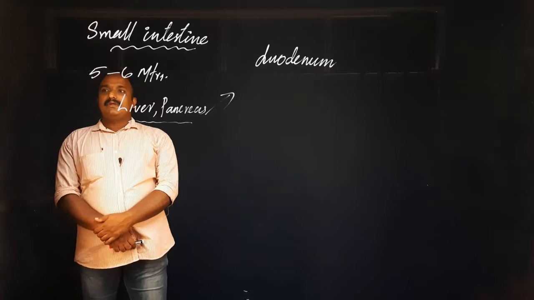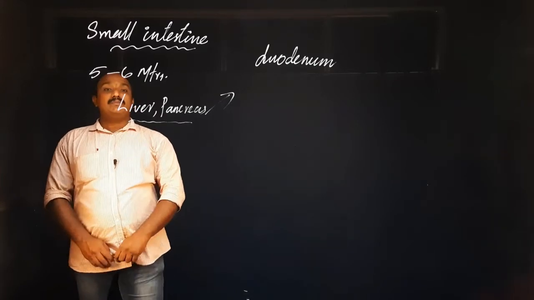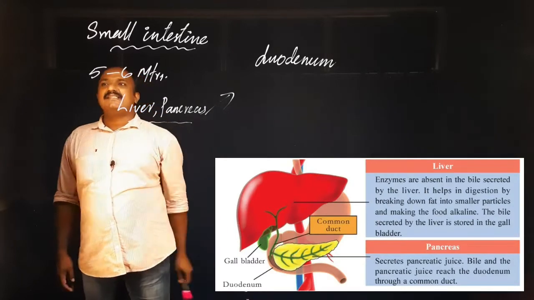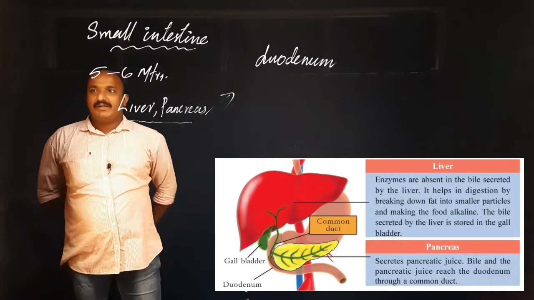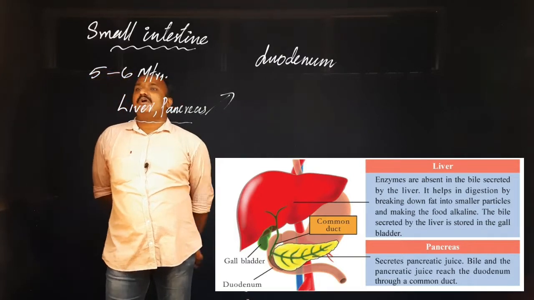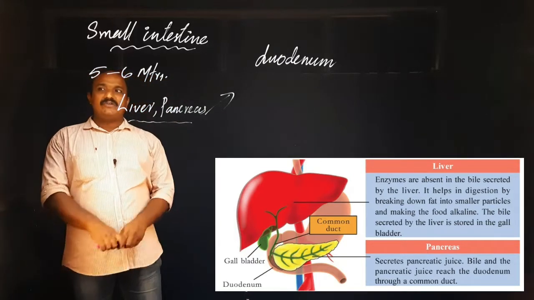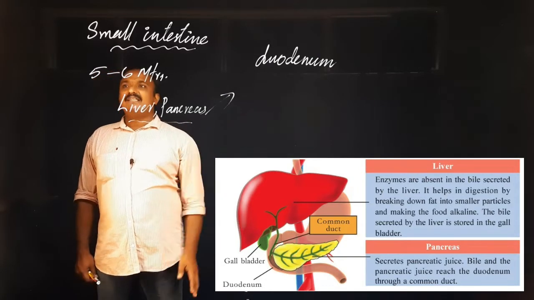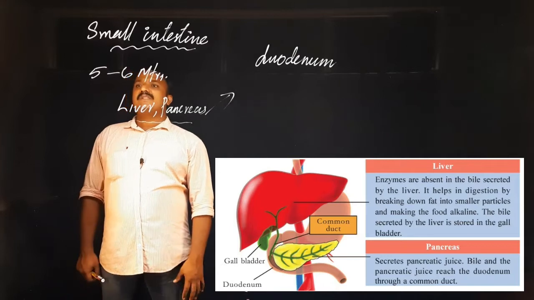Digestive juice from the liver and digestive juice from the pancreas both reach the duodenum. So what happens to the food materials because of the actions of these two types of digestive juice is the first point we have to study in this area.